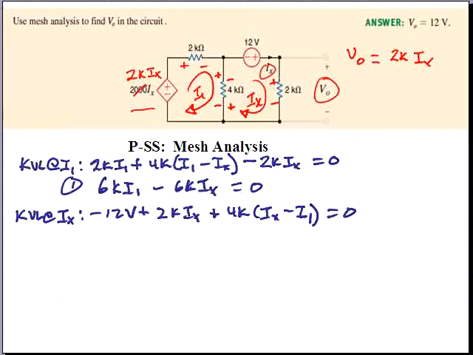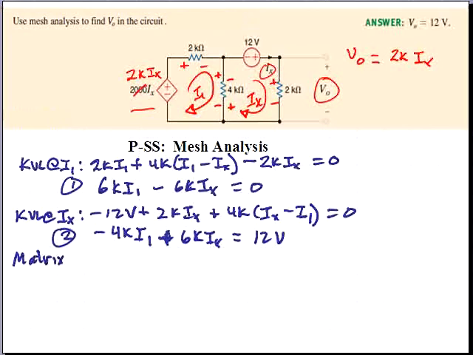Rearranging there, we have minus 4K I1 plus 6K IX is equal to 12 volts. And we'll call that our mesh current equation 2.